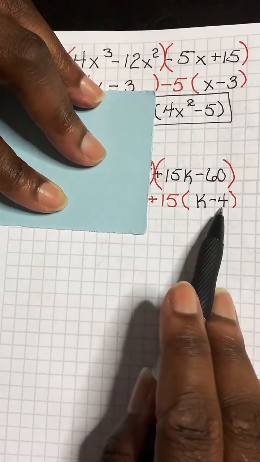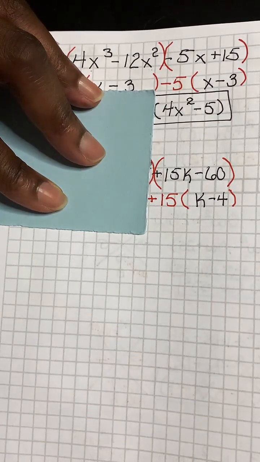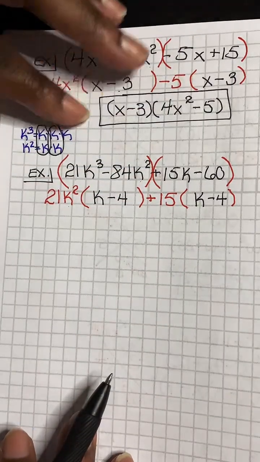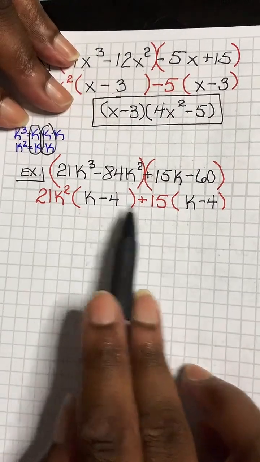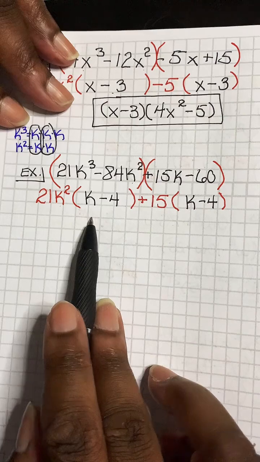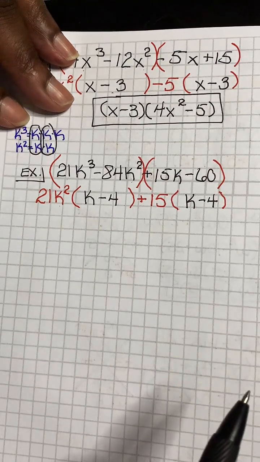Because 15 times 4 gives me 60. Okay, so that has a negative 4. Good. So black dot, exactly. Both of the parentheses should be exactly the same. If they're not, you did something wrong. And you might need to do a rethink.